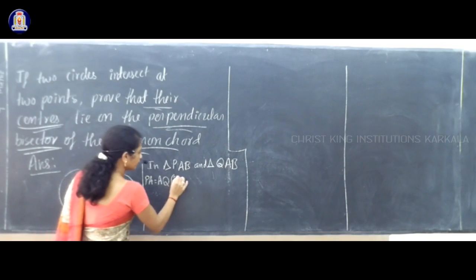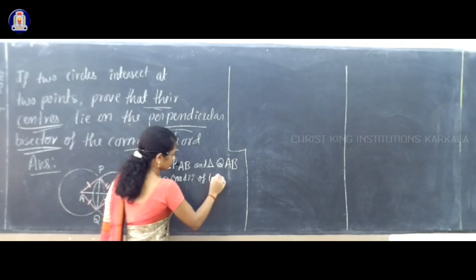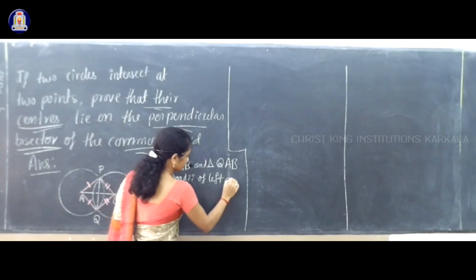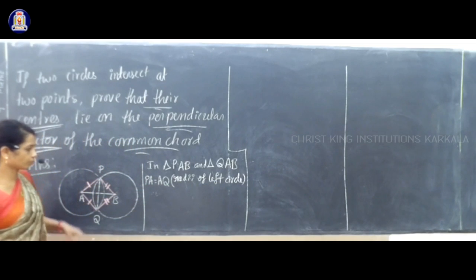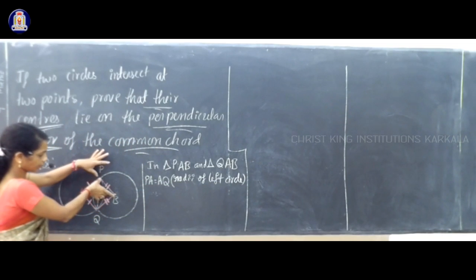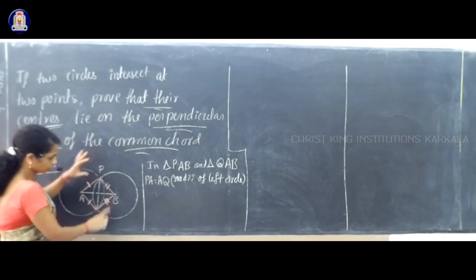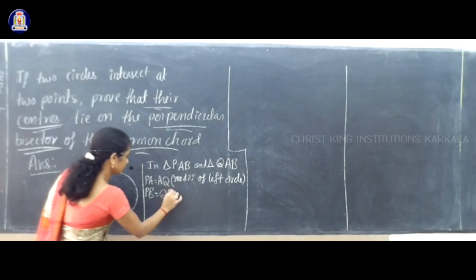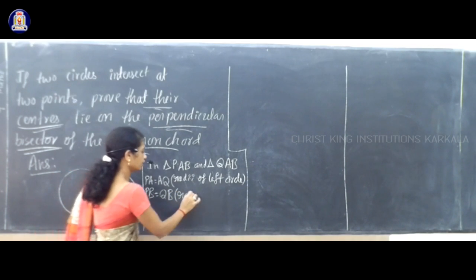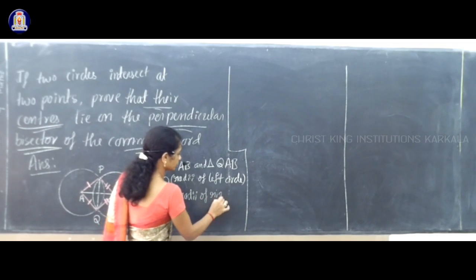Because they are radii of the left circle. Then the two sides PB and QB: PB is equal to QB, because they are radii of the right circle.